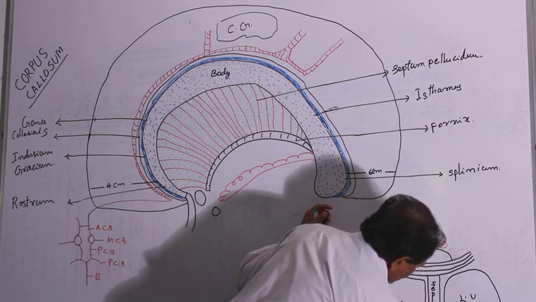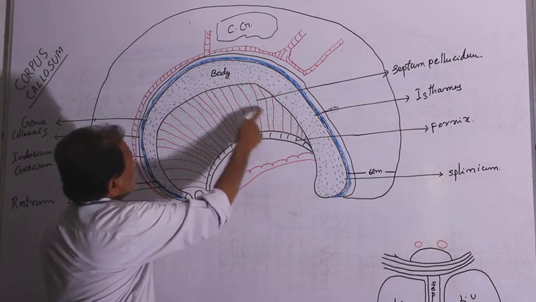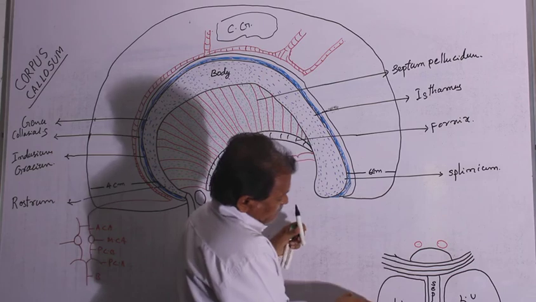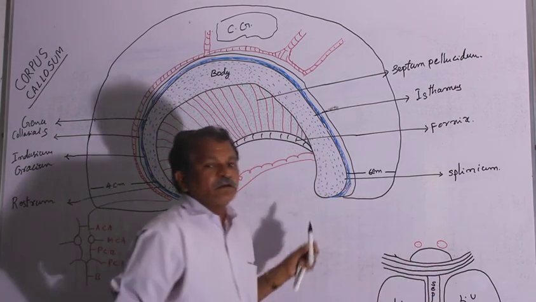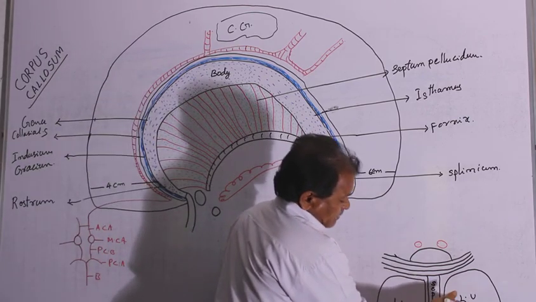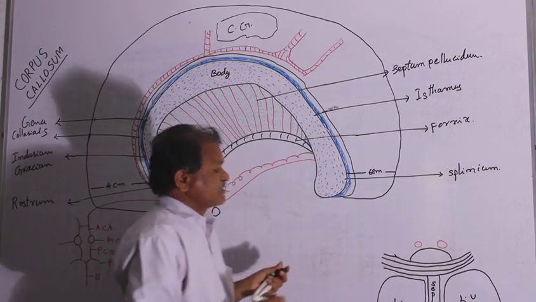Here you see, this one is given in the red lines, that is the septum pellucidum. It is present in between the right and left lateral ventricles, and it separates the right lateral ventricle from the left lateral ventricle.